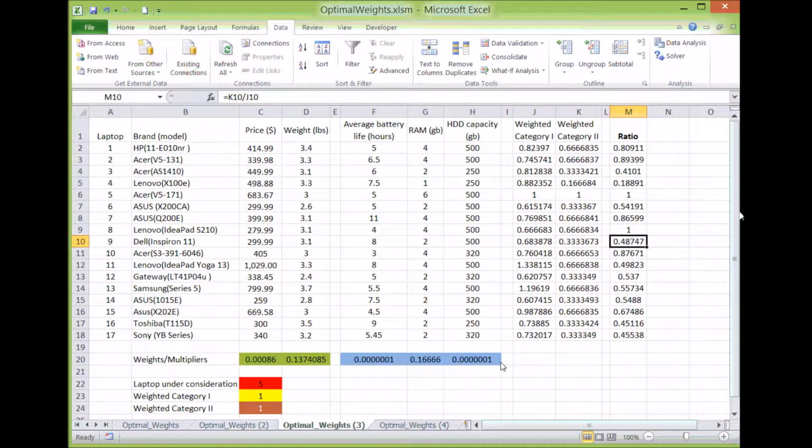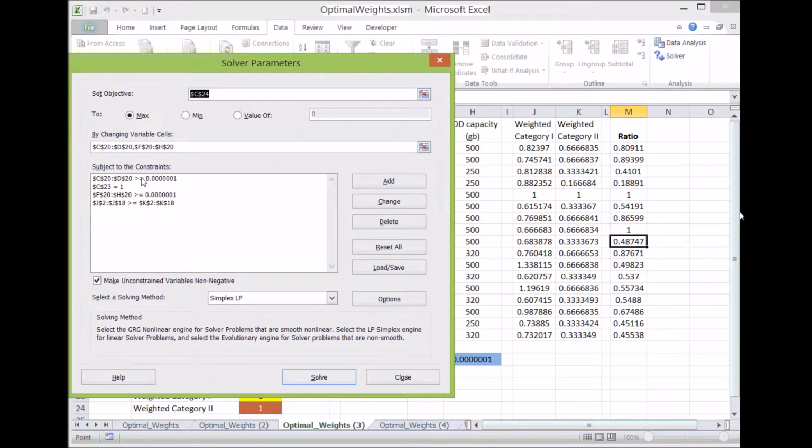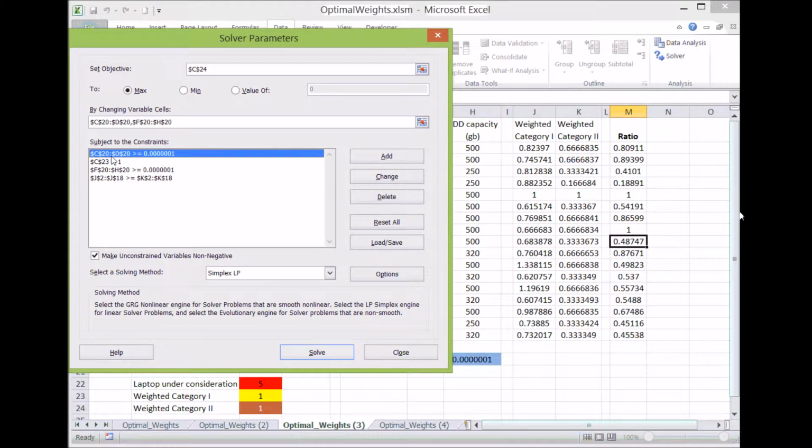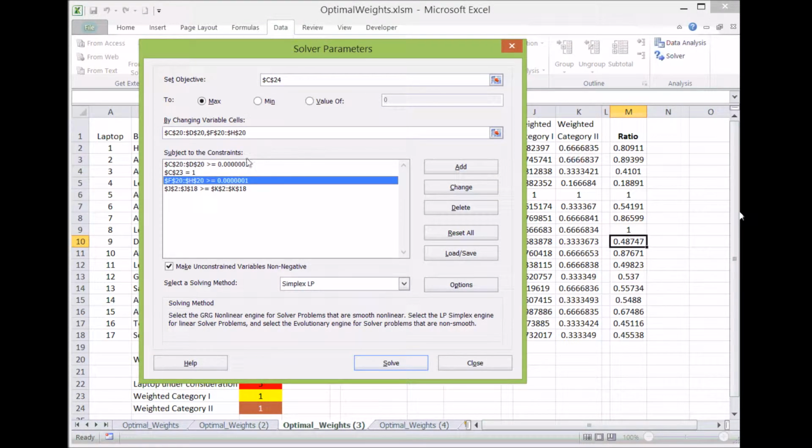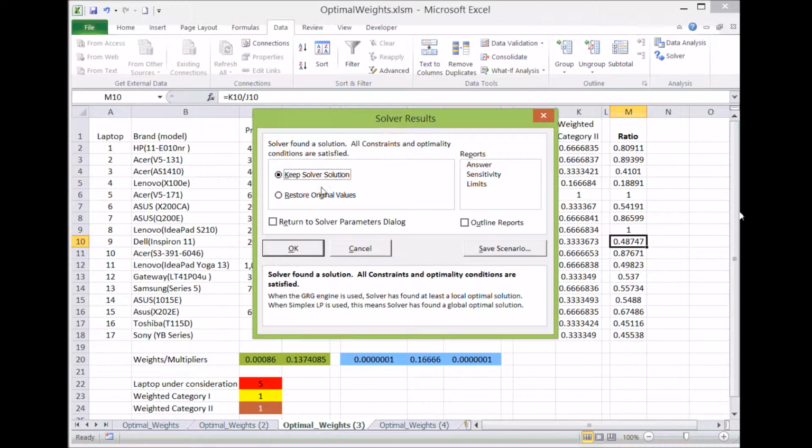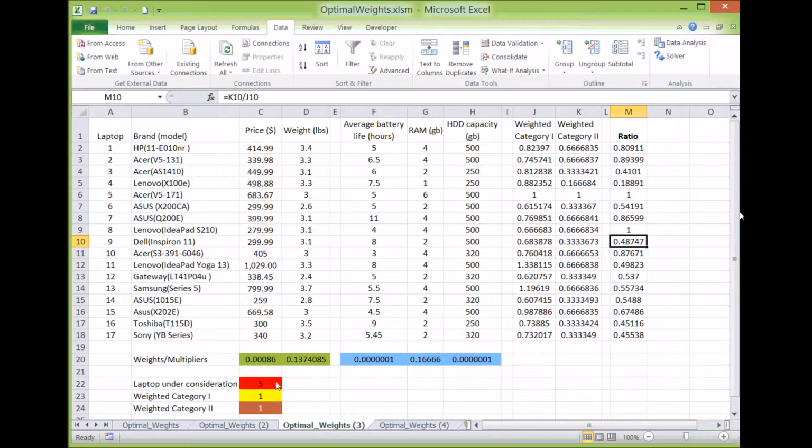The constraints have to be greater than or equal to, so the equal sign is always there. So what you can do is add this constraint, saying that all the weights in there have to be greater than or equal to a very small positive number. Once you solve that for DMU5, you get everything positive.